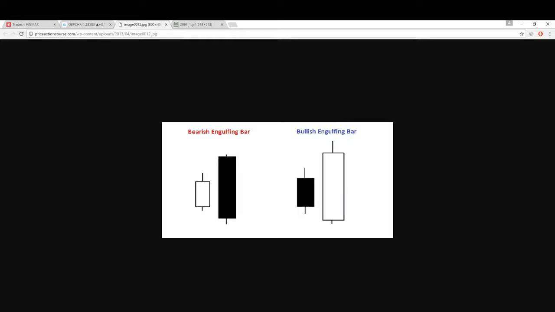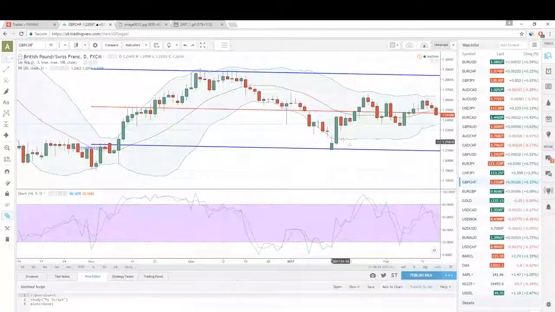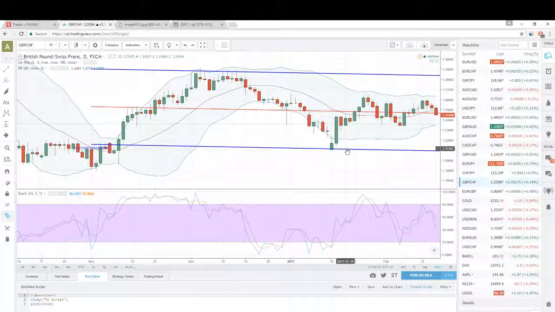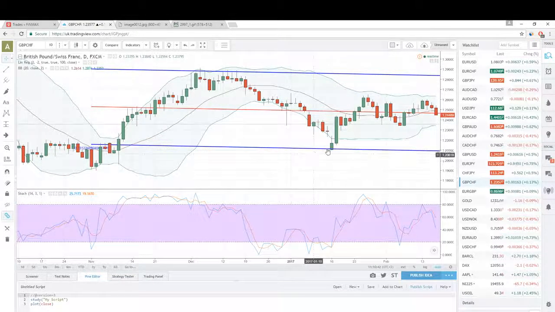As you see, this candle should be bigger than the previous one. This is the same as here. It means that the sellers are losing control over the market, and the next candle appears to be bigger and stronger than the previous one.